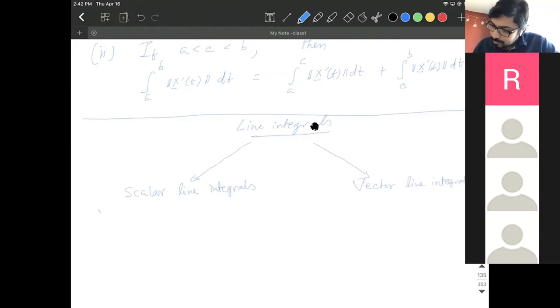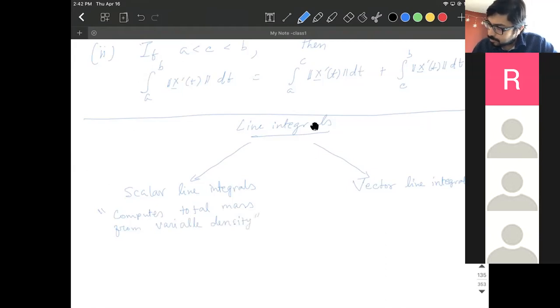And the physical interpretation in this case is that it computes total mass, just to give an analogy, from variable density.